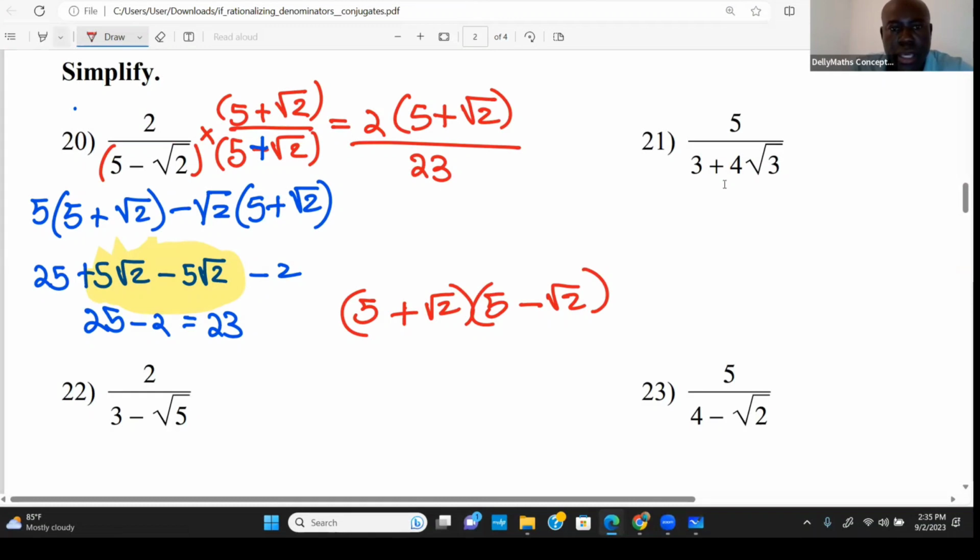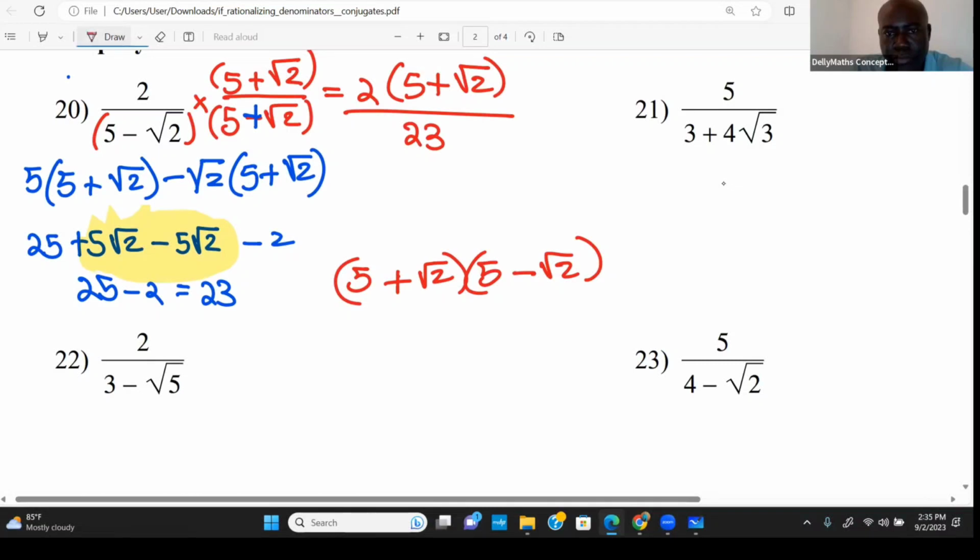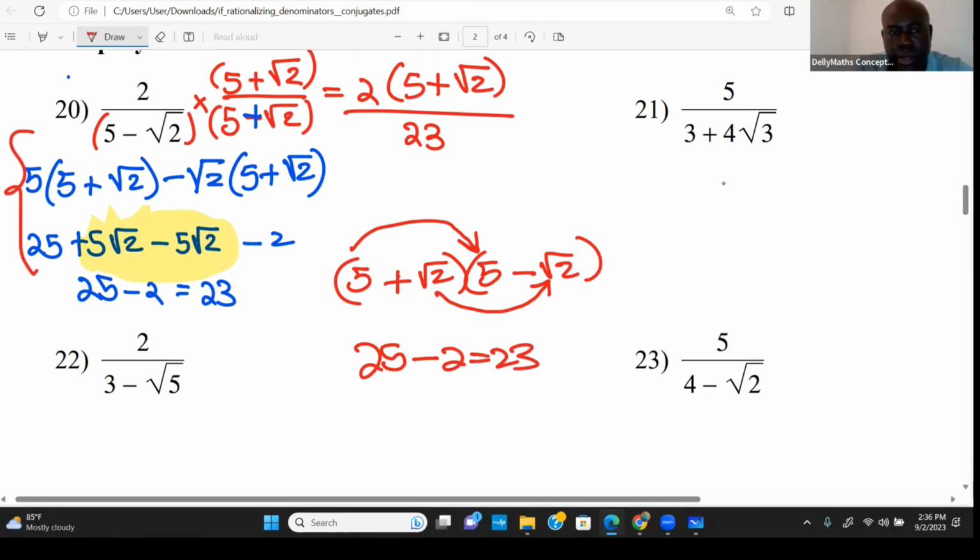So I'm only focusing on getting out the first term and getting out the last term, because what I understand from the difference of 2 squares is that the middle term will be gone. For example, 5 times 5 will give me 25. Root 2 times root 2 is 2, but this is negative, so I'm going to be minusing 2, and that is how I got the 23. So this is the working out to get the 23, but definitely we could quickly look to see what goes on to get that.